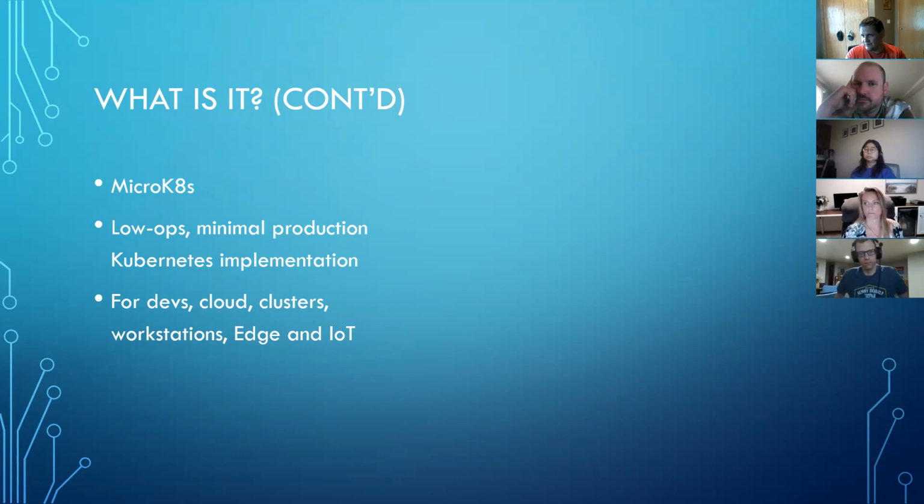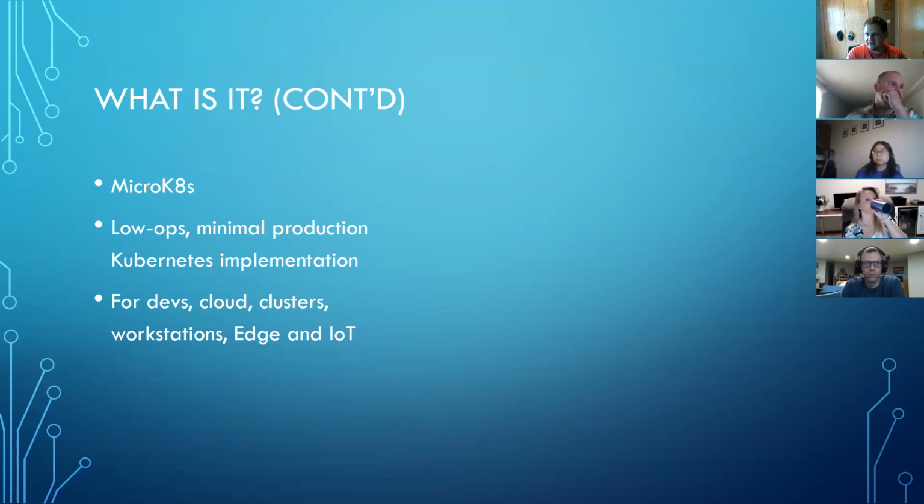Low ops, minimal production Kubernetes implementation. Like it says, it's for devs, clouds, clusters, workstations, edge, and Internet of Things. It started out as a project for developers, like you'd use for DevOps, just as a proof of concept. But then people started building on all of these projects and really hardening the packages so that it was just as resilient as putting it on bare metal, high powered computers.